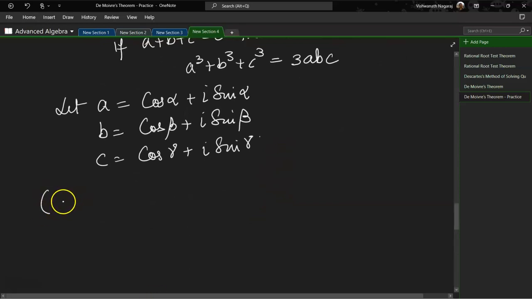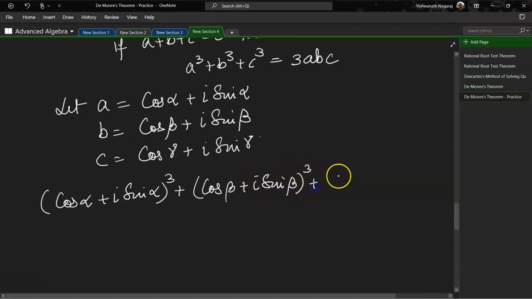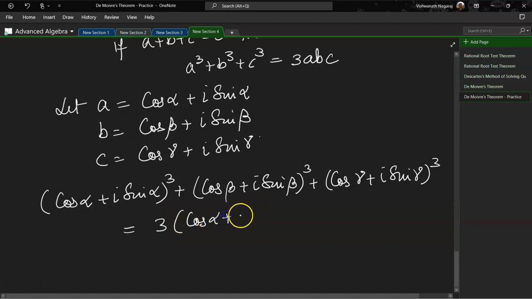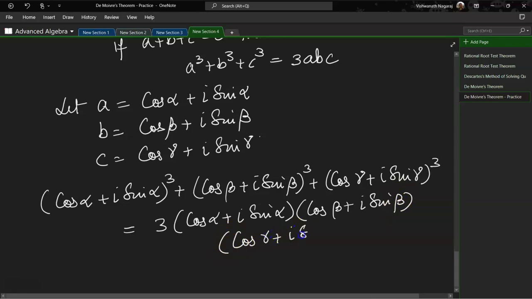So we end up with (cos alpha plus i sin alpha) cube plus (cos beta plus i sin beta) cube plus (cos gamma plus i sin gamma) cube is equal to 3 times A, B and C. So (cos alpha plus i sin alpha), (cos beta plus i sin beta) and (cos gamma plus i sin gamma).